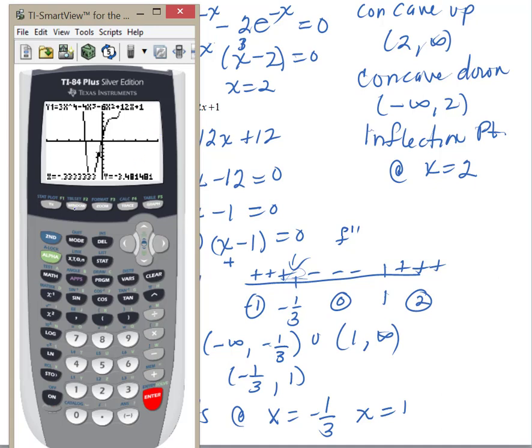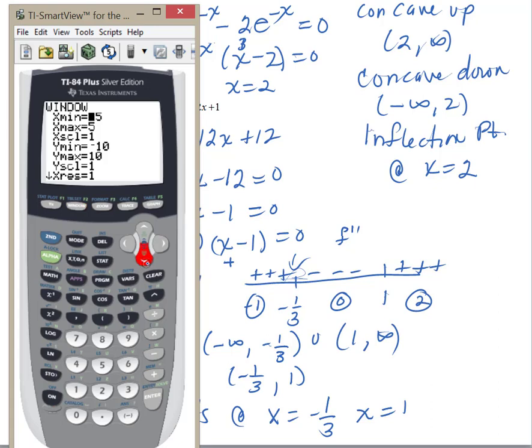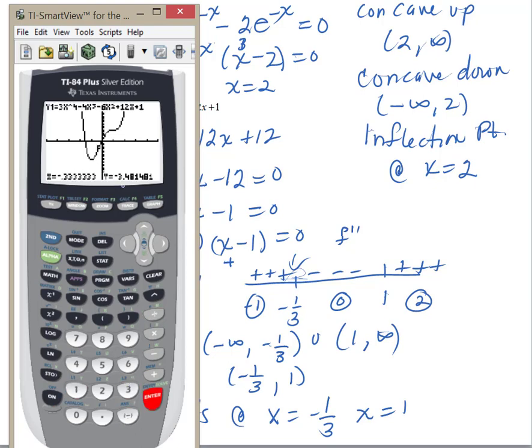So I'm going to go in my window and change that. I'm going to go from, say, negative 20 down to positive 20. And we'll graph that again and get a little better picture. Once I hit trace, negative 1 divided by 3, there we go, we can see that a little better.